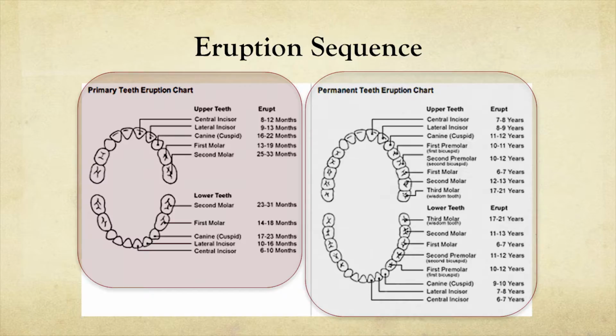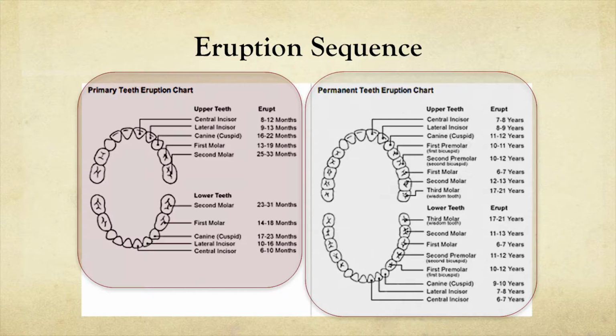You start off with your lower central incisors, and the last teeth to come in are your second molars, which can erupt as late as 33 months, and that's when you will have a full set of primary teeth.